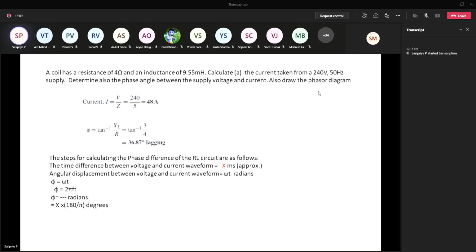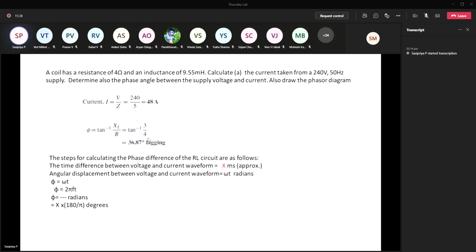So this is what we are going to do. Through the simulation, we are going to calculate the current, the phase angle difference, and all other required voltages and currents for drawing a phasor diagram. This is the theoretical calculation. As per the theoretical calculation, we are getting a current value of 48 amps and the phase angle difference is 37.87 degrees.